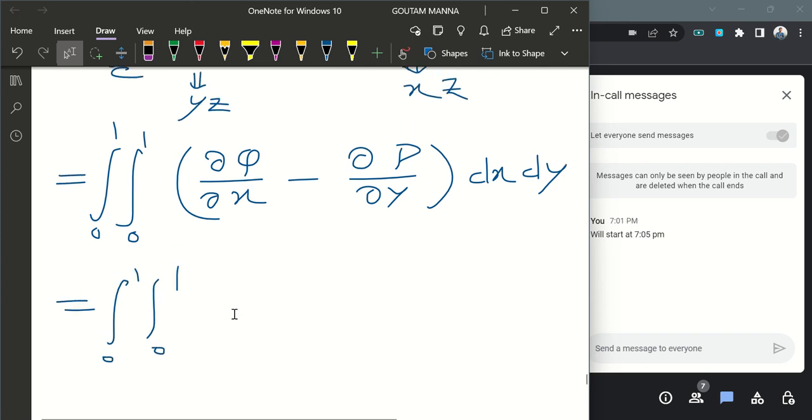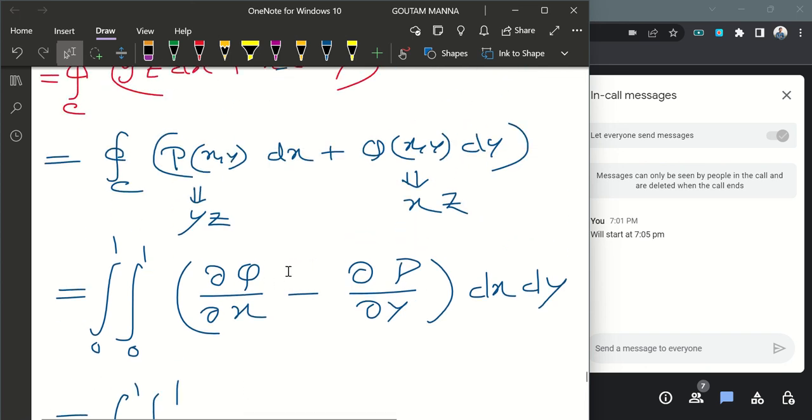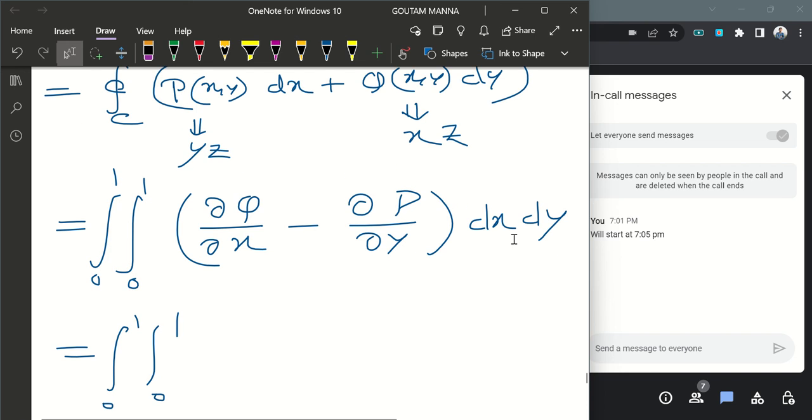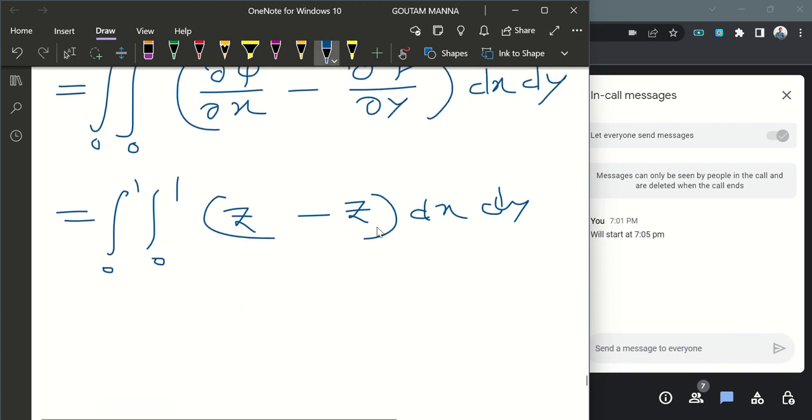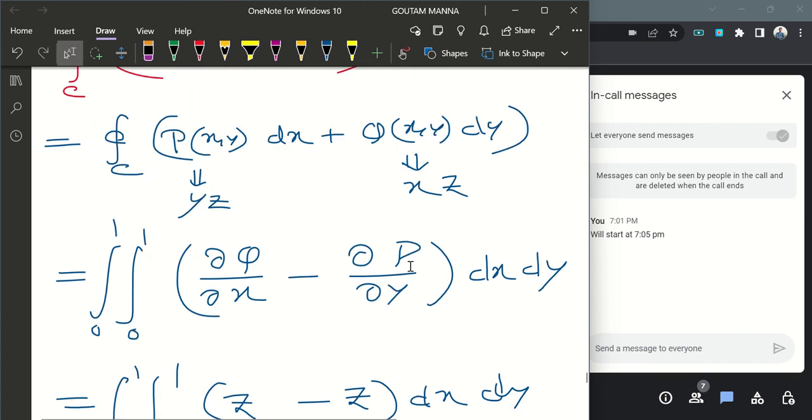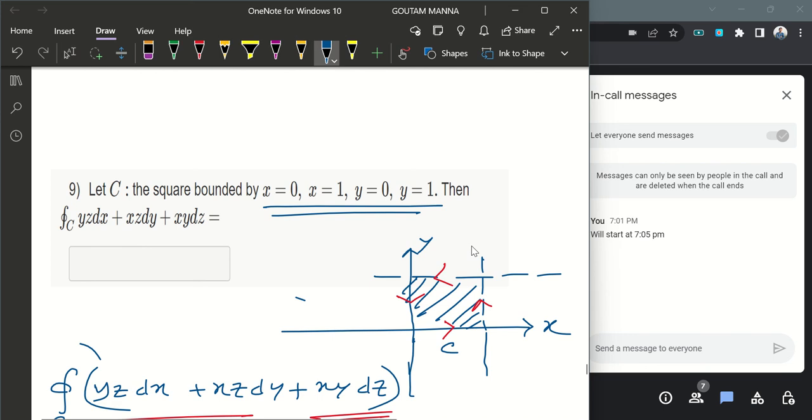If you do this derivative, del q del x will be z, minus del p del y, and del p del y will also be z, so the integrand is 0 and this line integral will be 0.